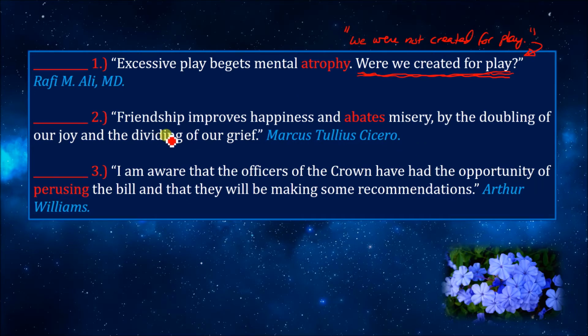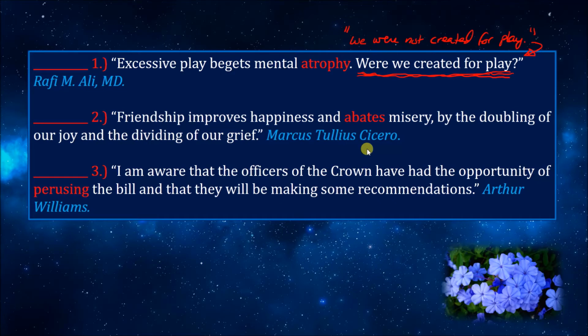Now, number 2. Friendships improve happiness and abate misery by the doubling of our joy and the dividing of our grief. Marcus Tullius Cicero. This is a beautiful statement, and I agree with this. Friendship has twofold benefits.